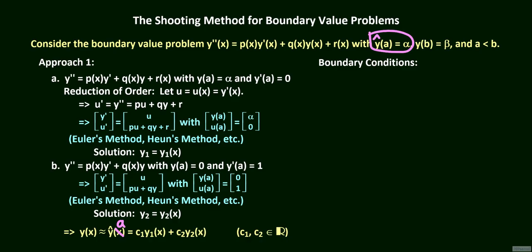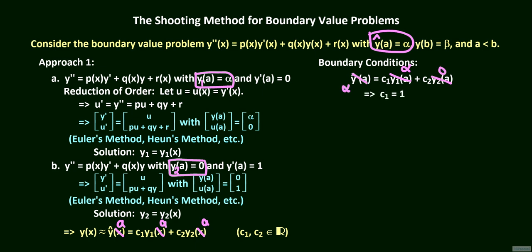Y hat of a is also equal to c sub 1 times y sub 1 of a plus c sub 2 times y sub 2 of a. Y sub 1 of a is alpha, and y sub 2 of a is 0. Therefore, c sub 1 equals 1, and y hat equals y sub 1 plus c sub 2 times y sub 2.